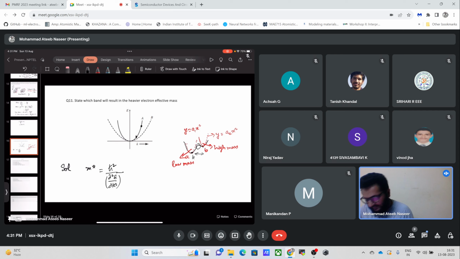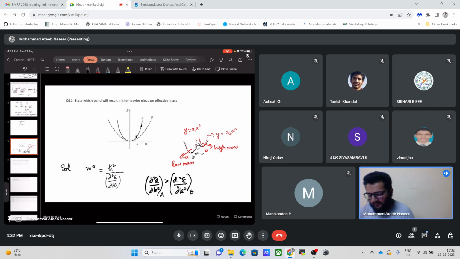For example, if we see this material A, it will have this second derivative greater than this curve B.